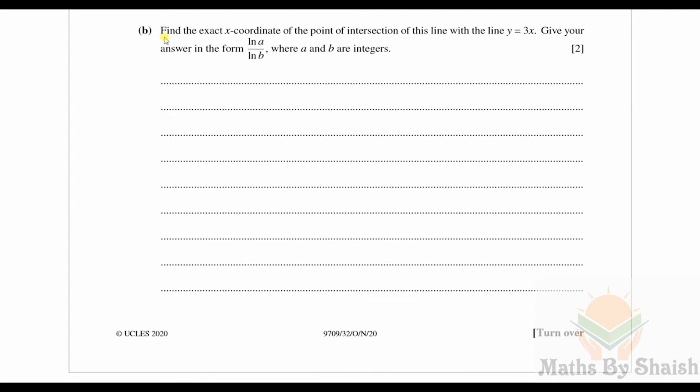In the B part, find the exact x coordinate of the point of intersection of this line with the line y = 3x. If we have two lines, it means solving the simultaneous linear equations. So we'll write both the lines here. y = -2 ln 3 / ln 2 x + ln 3 / ln 2, and the second line is y = 3x, and we are going to solve it.